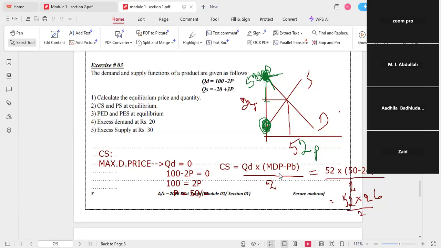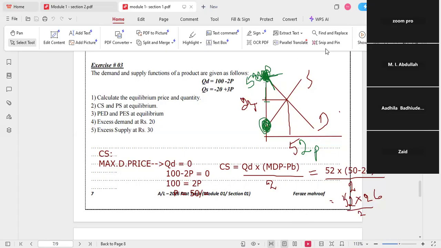How much is the answer? The answer is 676.